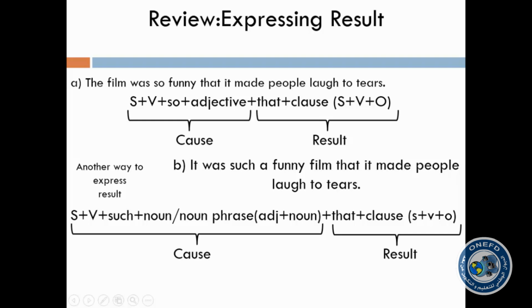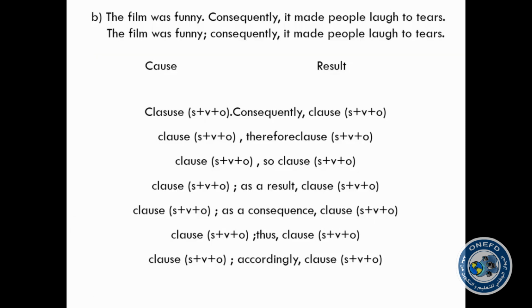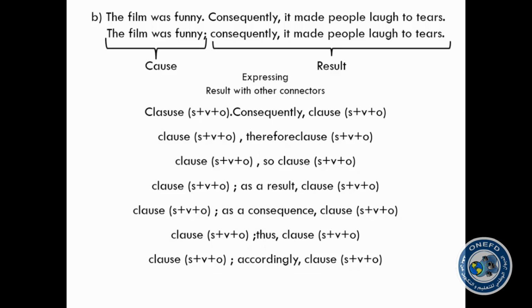So let's move on to another way of expressing result. We use the connector consequently. As you can see, consequently connects two sentences. For example, the film was funny, consequently it made people laugh to tears.